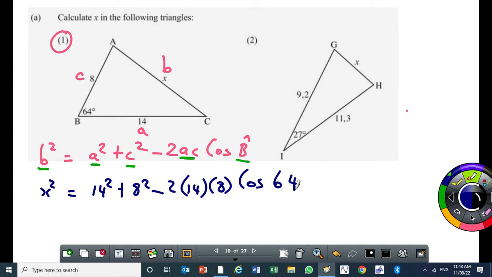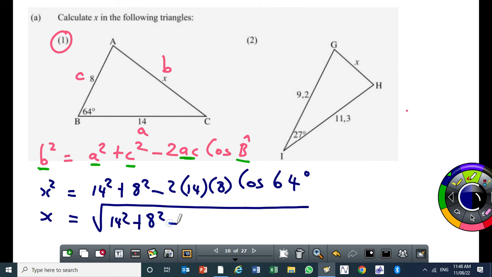Now, I just want to encourage you that since we have got a squared term on the left, don't put this information in the calculator yet. What you do, take square root on both sides, then you put whatever is inside in the calculator at once. Okay? There is no need to put this in the calculator twice. Okay, I'll show you just now.